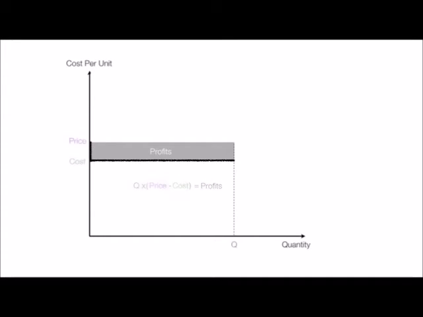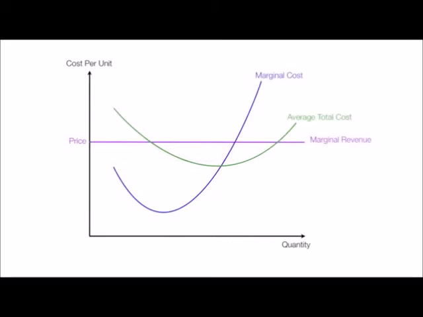Now really, the supplier can supply at a different quantity, for example here, but at this point, cost is equal to price, so economic profits are 0 here at that point in time.